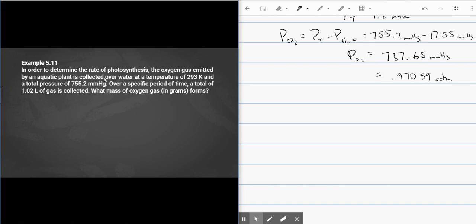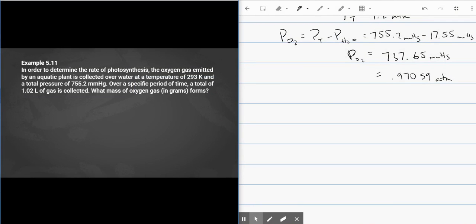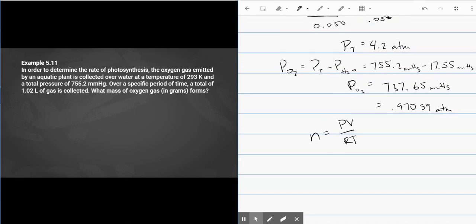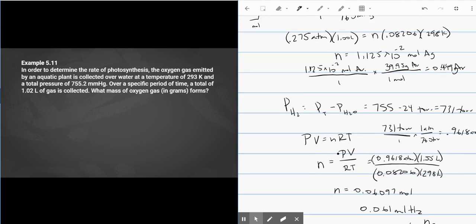The temperature is 293, and we have a volume of 1.02 liters. So we have P, we have V, we have T. Hopefully we can finish this one because it's the last one. So we're going to find our PV over RT. That was our equation for n, which we used up here.